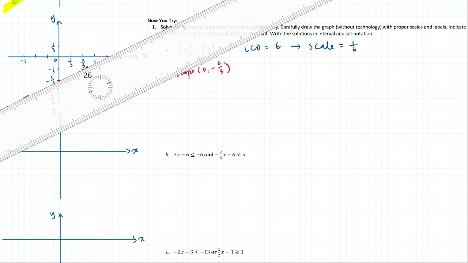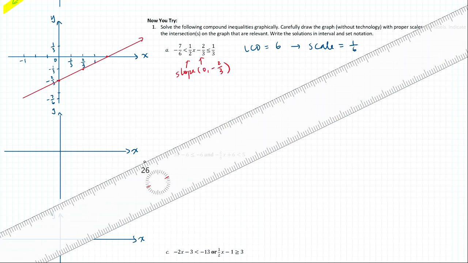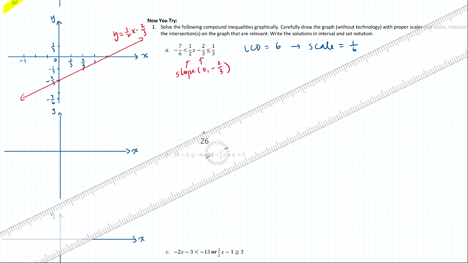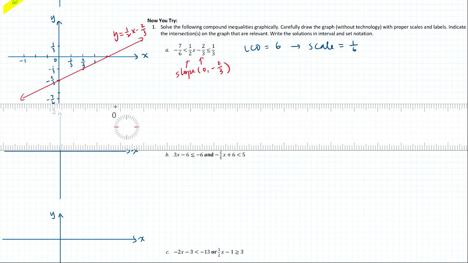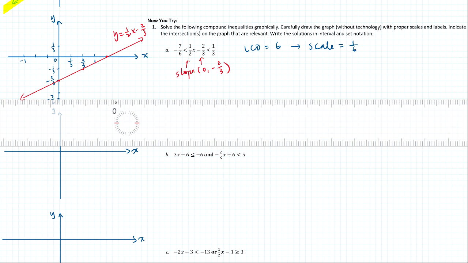This is y equals 1/2 x minus 2/3. Here we know the linear expression is bounded by negative 7/6 and also by 1/3. So we can indicate the boundary by graphing where y equals negative 7/6 is.